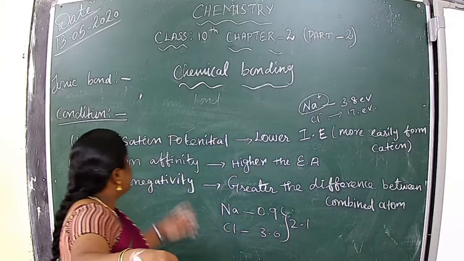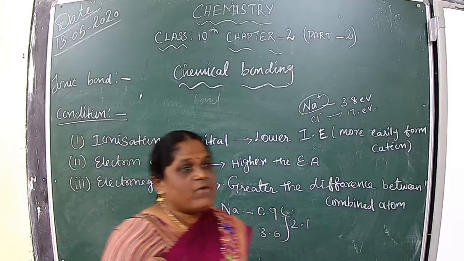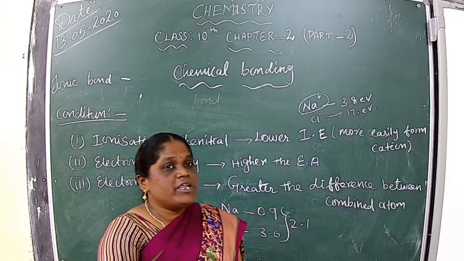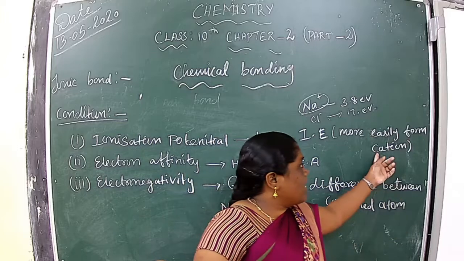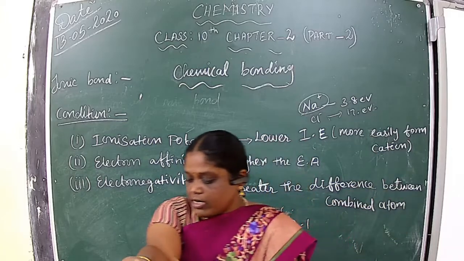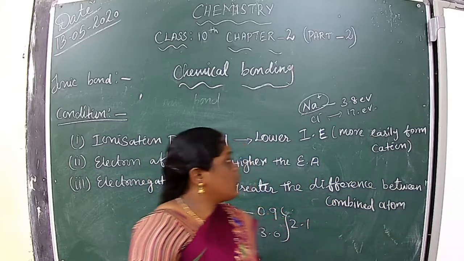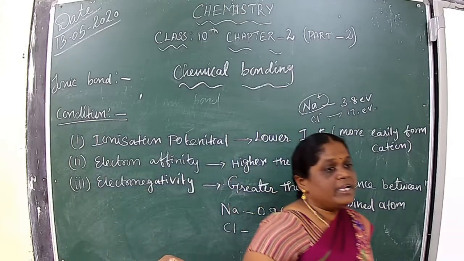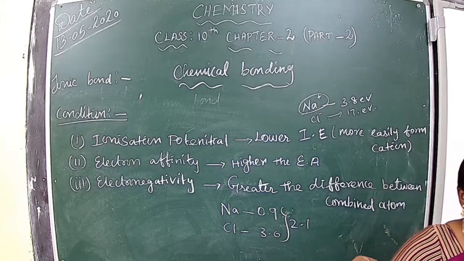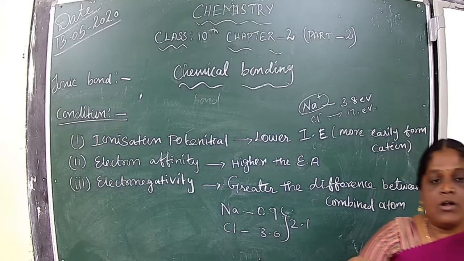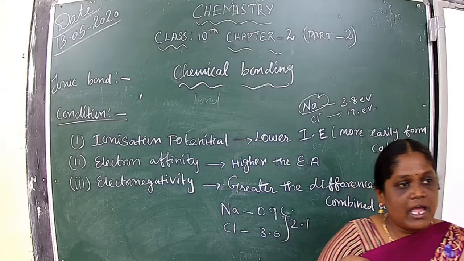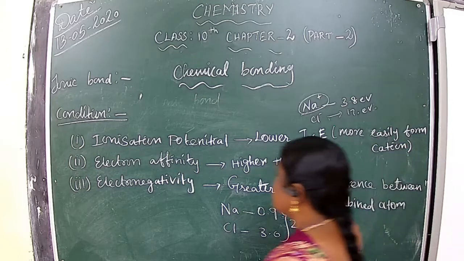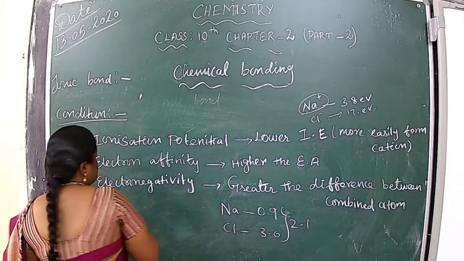electronegativity. For ionization potential, the lower the ionization potential of the metallic element, the more easily a cation forms and it undergoes ionic bonding. For electron affinity, the higher the electron affinity of the non-metallic element, the more easily an anion forms, leading to an ionic bond.